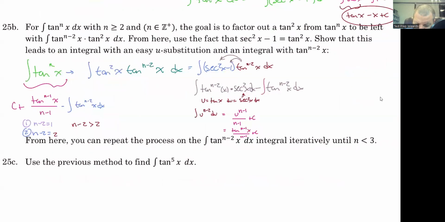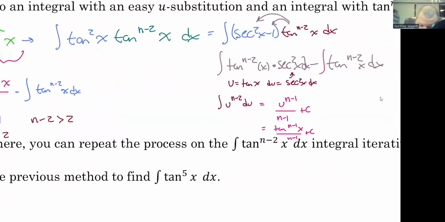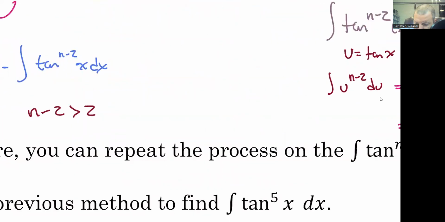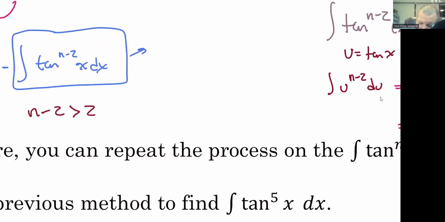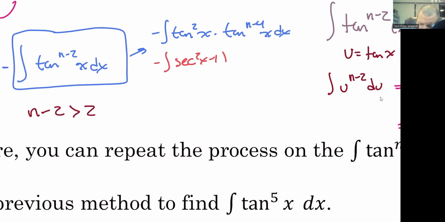I would pretend that I had this integral and focus on it. I would pull out a tangent squared of x times tangent to the n minus 4 of x dx, and we'd play the same game. Tangent squared is secant squared of x minus 1, times tangent to the n minus 4 of x dx.